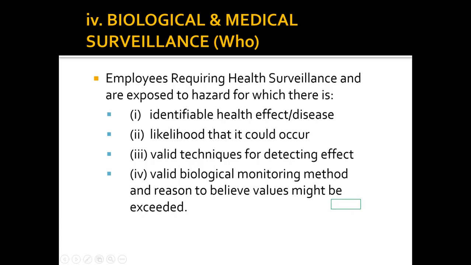And for biological and medical surveillance, who: employees requiring health surveillance and exposed to hazard for which there is an identifiable health effect or disease, likelihood that it could occur, valid technique for detecting effect, valid biological monitoring method, and reason to believe values might be exceeded.